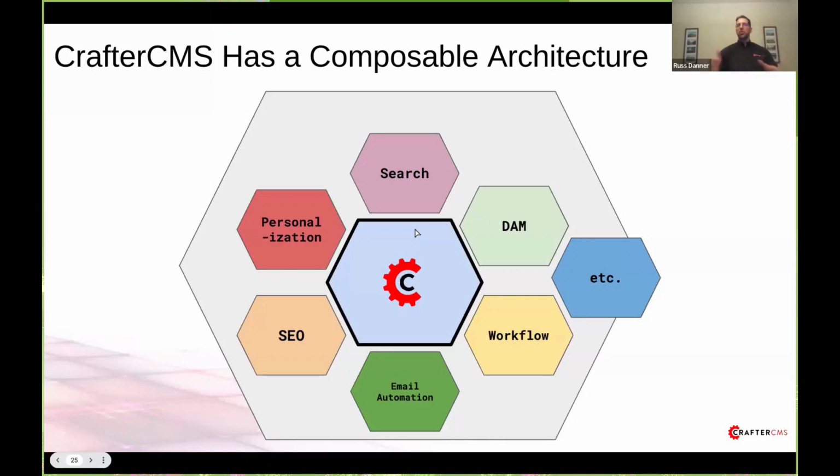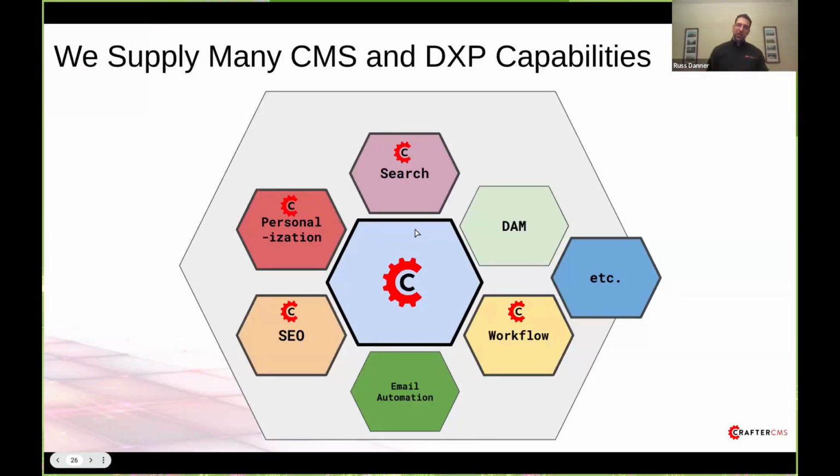DXP is so much more than CMS and includes components like search and digital asset management and workflow and SEO and personalization. So you're free to use whatever capability you want for those aspects of your DXP in a composable DXP architecture. It's also important to understand that CrafterCMS provides really robust search and personalization and workflow and other common DXP capabilities packaged right out of the box.